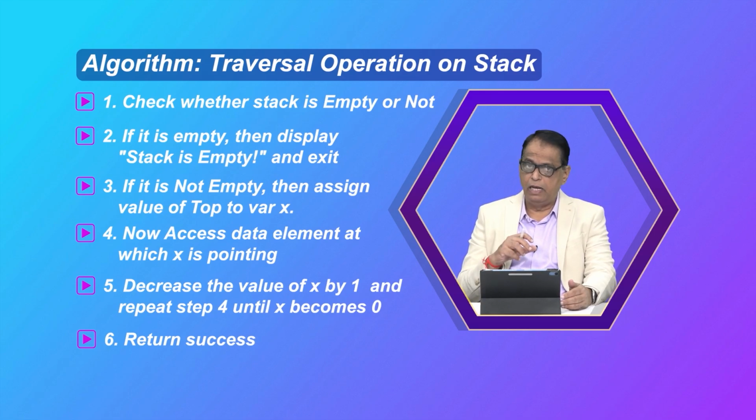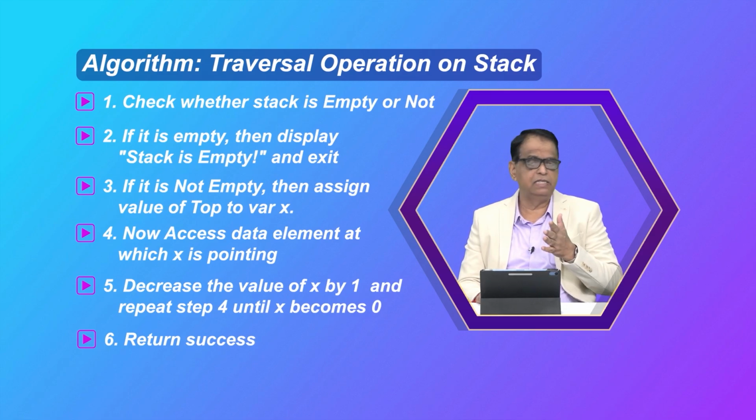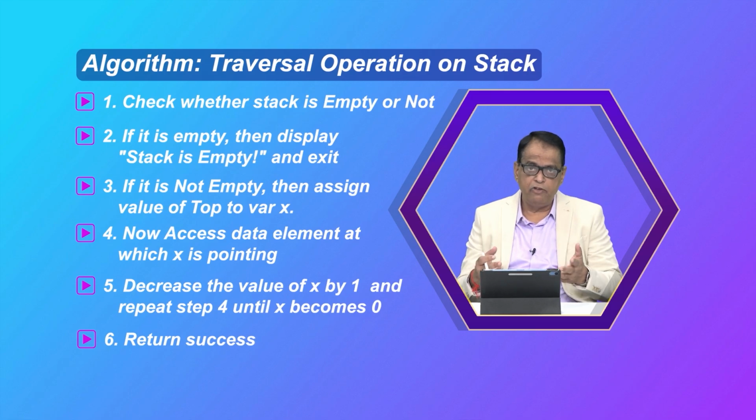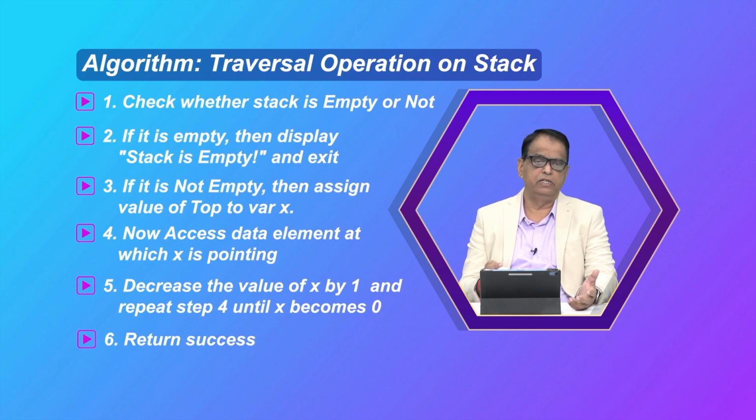It means we are reading the value. As I said, in the traversing operation, either we read the value or we apply some process to it, but it depends upon which application you are traversing for. So as far as this algorithm is concerned, we are just reading the value of the element.